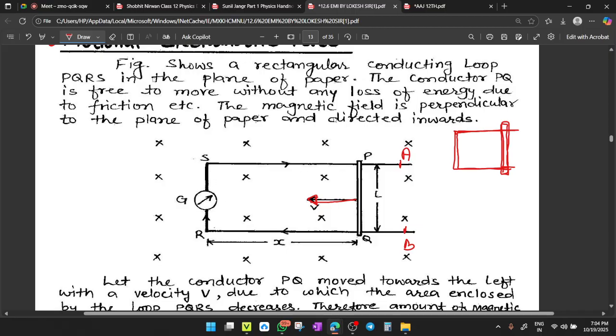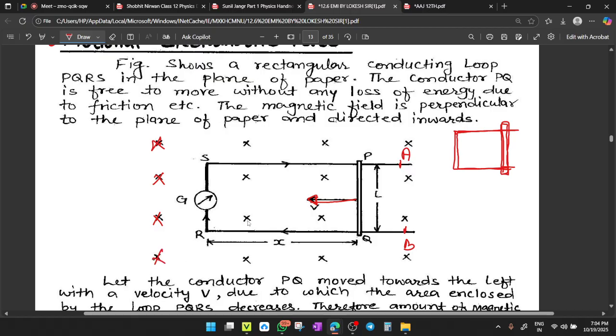So the figure shows a rectangular conducting loop PQRS in the plane of the paper. The conductor PQ is free to move without any loss of energy due to friction, etc. It means there is no loss of energy. The magnetic field is perpendicular and inward to the plane. This is an important line.